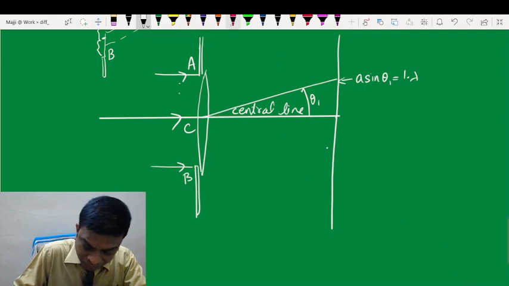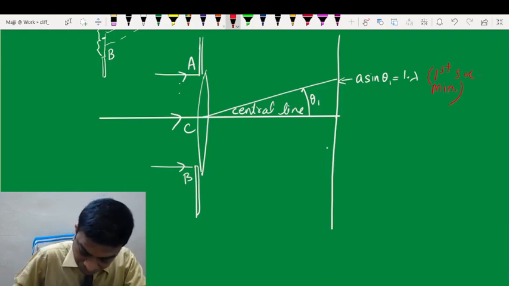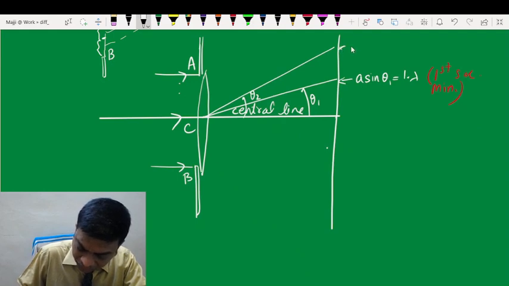This corresponds to the first secondary minimum. Then again we have angle theta 2 such that here a sine theta 2 is equal to 2 lambda.